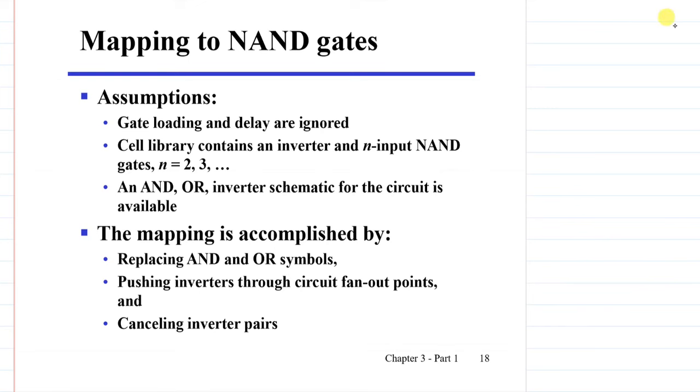We assume that the gate loading and delays are ignored, so we don't consider them for now. Our cell library contains an inverter and n-input NAND gates, where n could be equal to 2, 3, and so on. We also assume that the AND or inverter schematic for the circuit is available. So we start from that point.